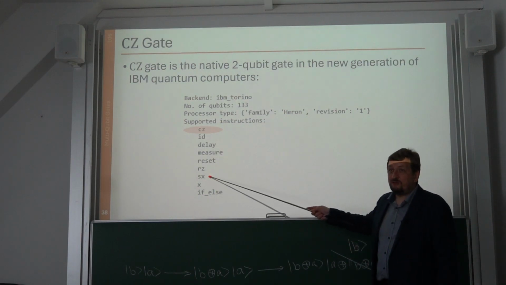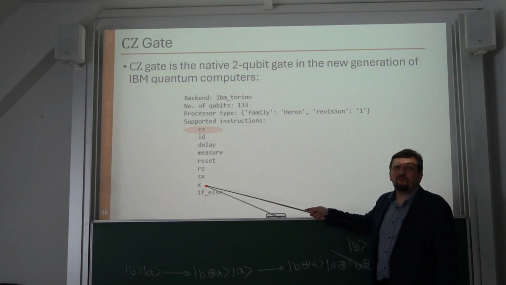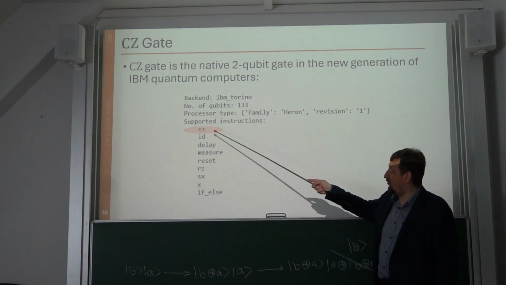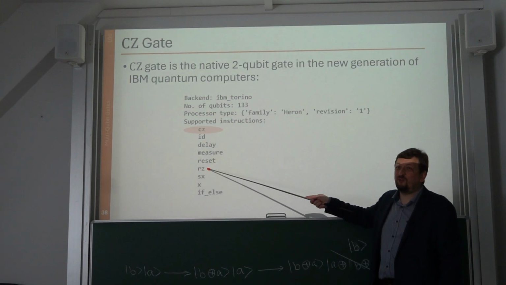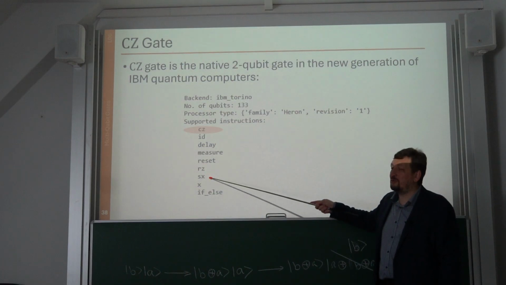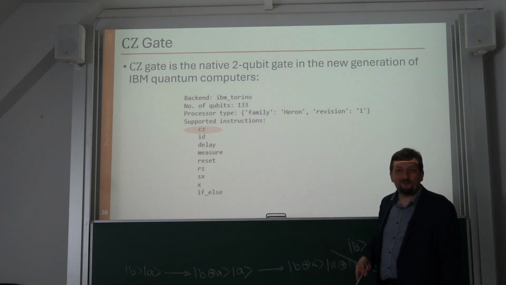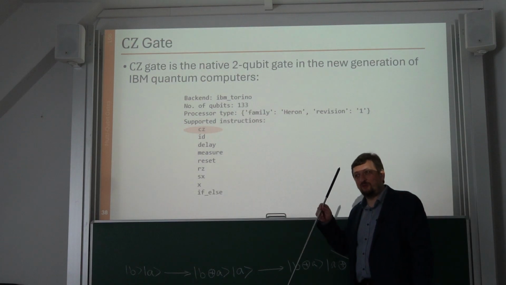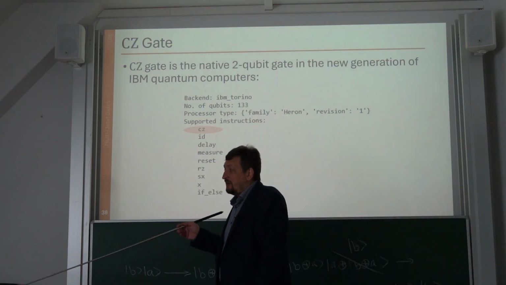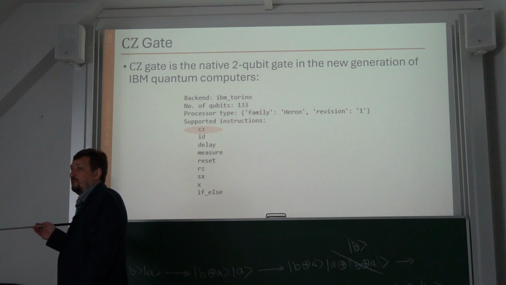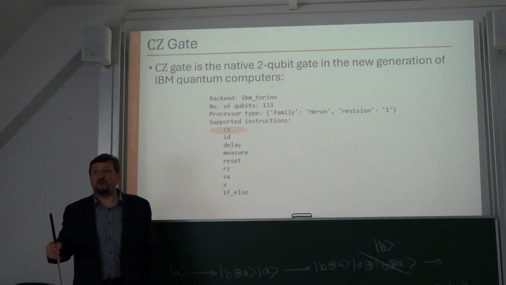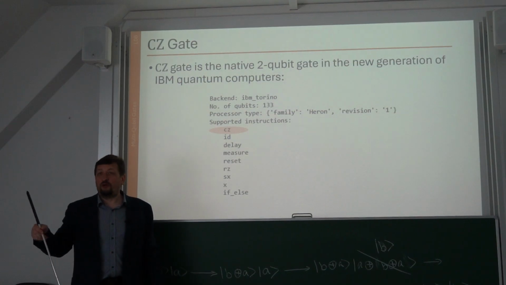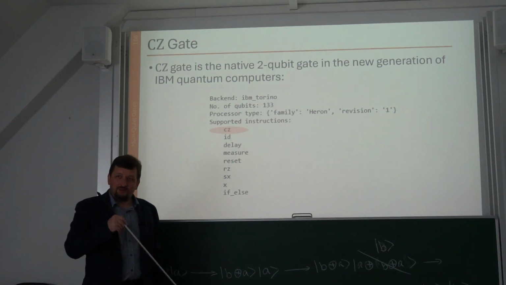Square root of x, and x, which is 2 square root of x in a row. That's all. So we have 1 2-qubit gate. Well, this is a virtual gate, so we will not count it, and square root of x. And that's enough. So just 2 elementary operations. But well, classical computers also don't have a lot of operations. All classical computations can be done with 1 NAND or NOR gate, and that's all. So 2 is enough.